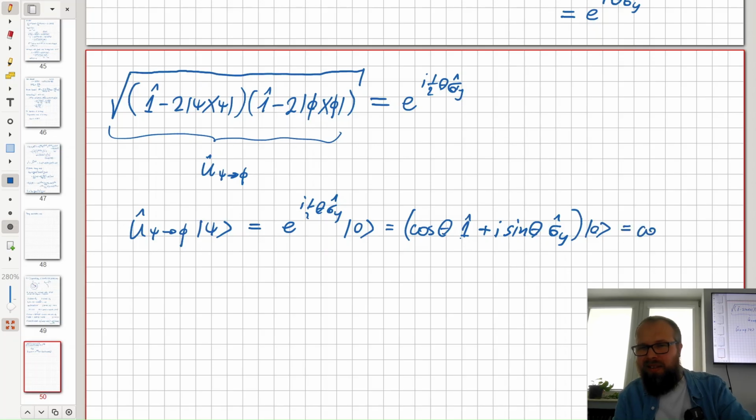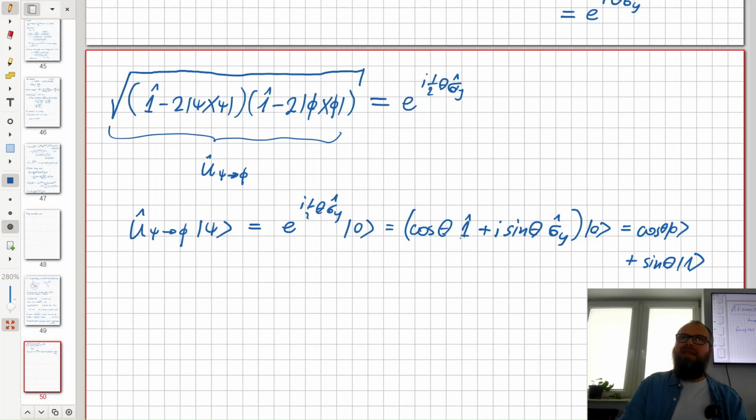So this is cosine theta 0 plus sine theta 1, because the imaginary unit will be eaten and the sign will remain. We have a flip, and this is phi.